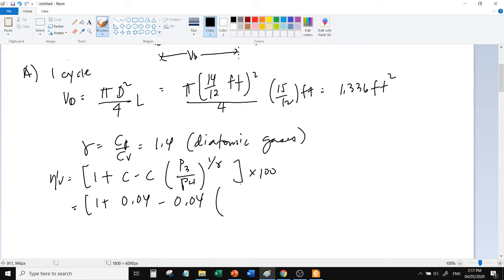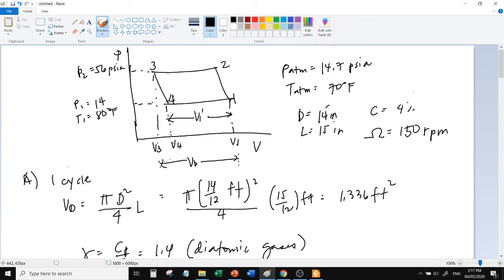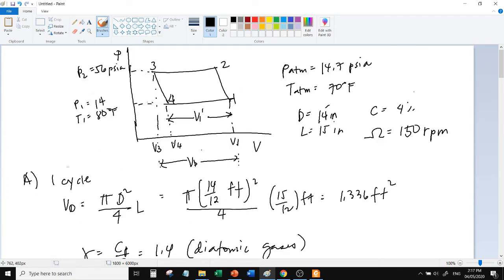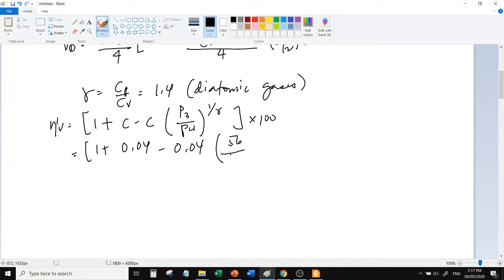So, ang P3, ano ba yung P3? Equal lang yan sa P2. So, 56. Yung discharge pressure, 56. And then, yung P4, equal lang yan sa P1, 14. The suction pressure raised to 1 over gamma times 100, 93.23% yung volumetric efficiency.